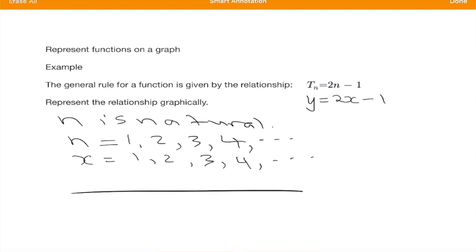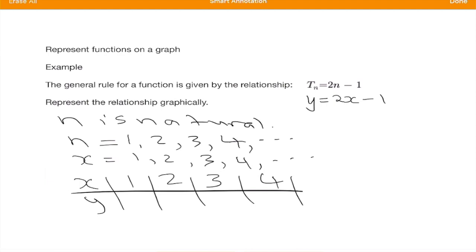So we draw our table like that. And we want to know what y is when x is equal to 1, and when x is equal to 2, when x is equal to 3, and when x is equal to 4.